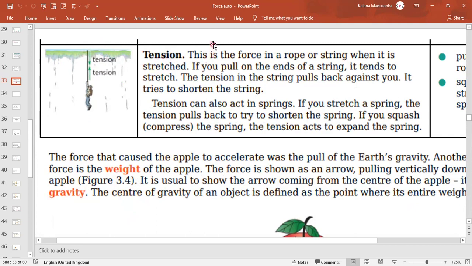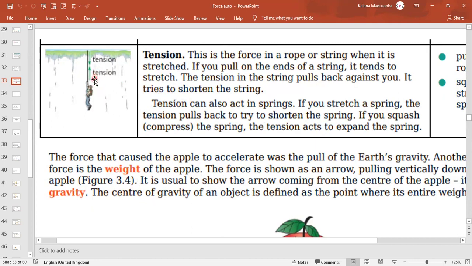This is the force in a rope or a string when it is stretched. If you pull on the ends of a string, it tends to stretch, then the tension forces arise. The tension in the string pulls back against you, right?